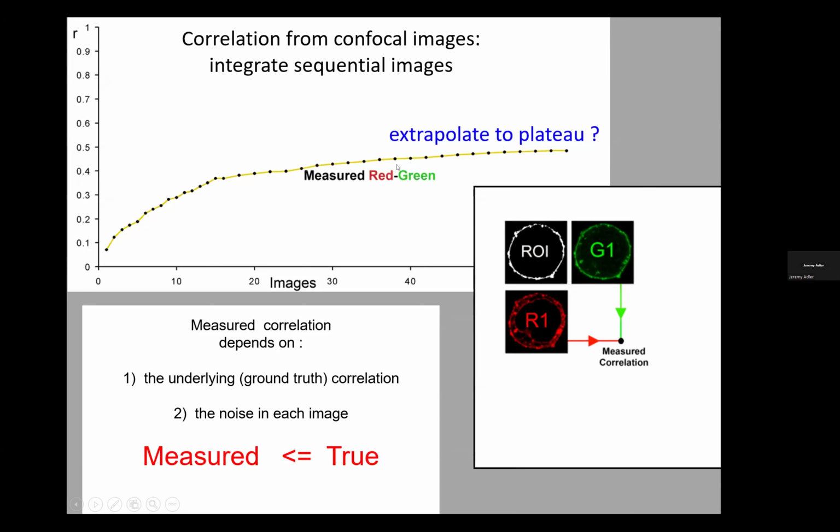The problem is when we've only captured one pair of images, we have no idea where in this relationship we are. We know we have a number with reassuring decimal places, but what is actually the right answer? Could we maybe take two or three images at increasing image acquisition times and try to extrapolate the plateau? Probably not very successfully.